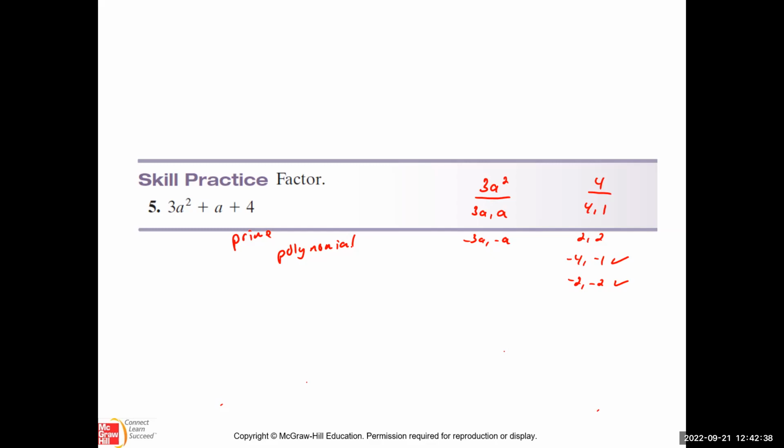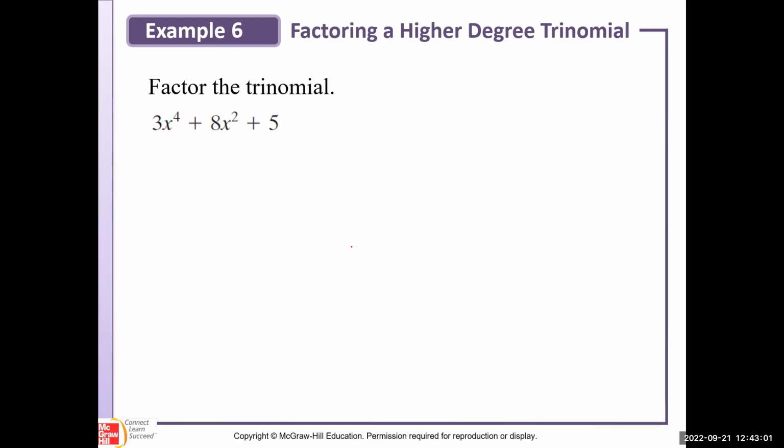Before you say that something's prime, make sure that you exhaust all of the combinations and don't just get lazy and say that it's prime. If you have 4 or 5 problems, you're not going to have 3 of them be prime. You might have one, if at all, or you might not have any. So just be careful with that when you're doing the midterm and things like that.